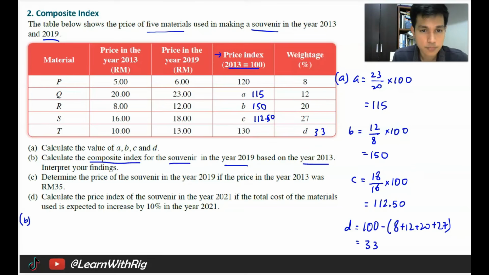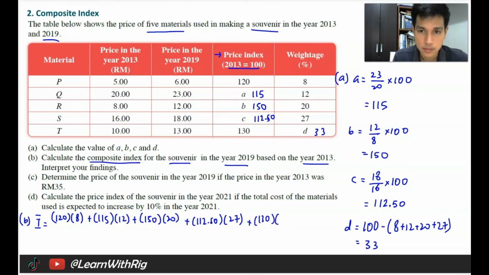So question B, composite index, the formula is take the price index for each material, okay, price index, multiply by the weightage. So you get 120 times 8 plus 115 times 12 plus 150 times 20 plus 112.5 times 27 plus 130 times 33 divided by the total weightage.